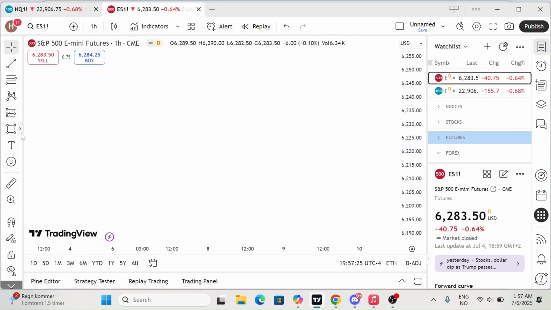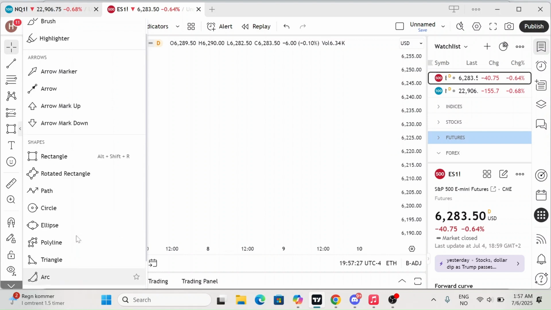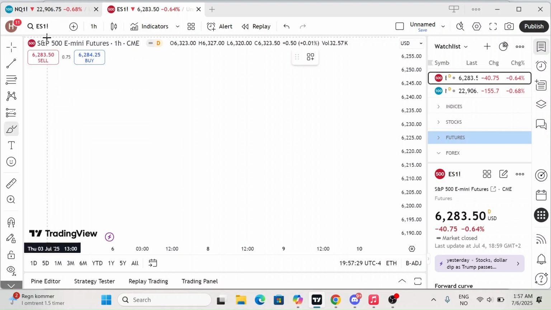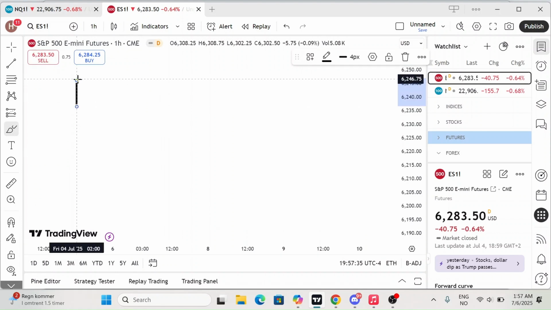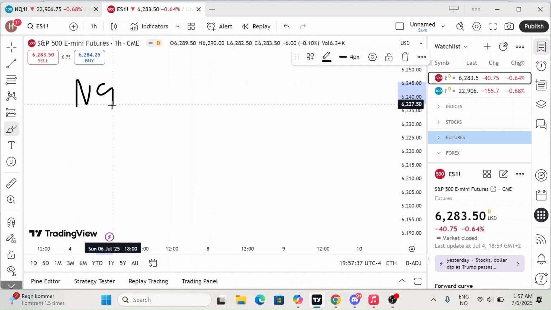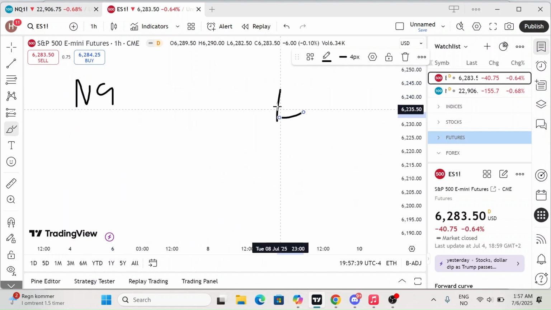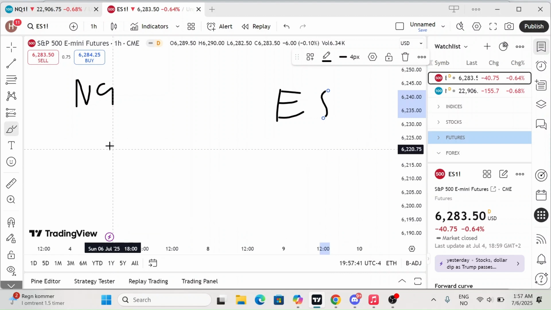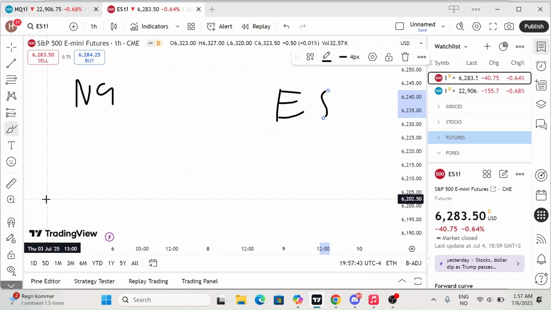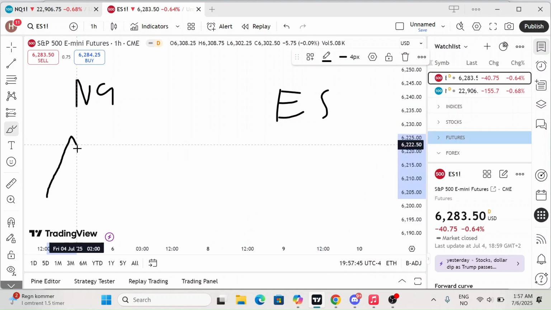So basically, it's just that one indice is lagging behind, right? So let's say that we have the NQ charts right here, and we have the ES charts right here. And on NQ, we make a high, and then we make a higher high on NQ.